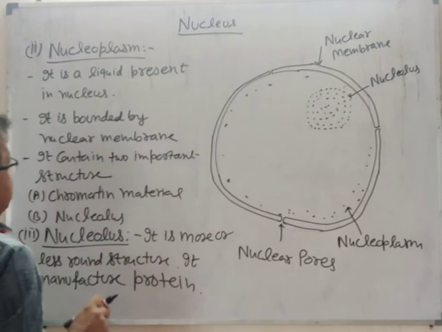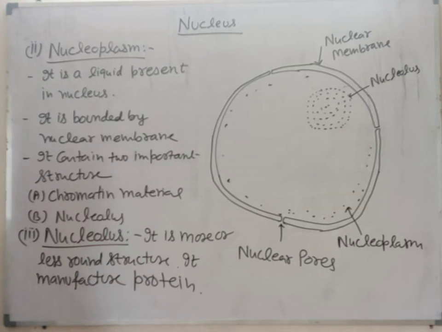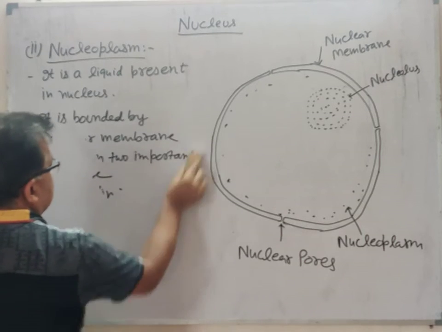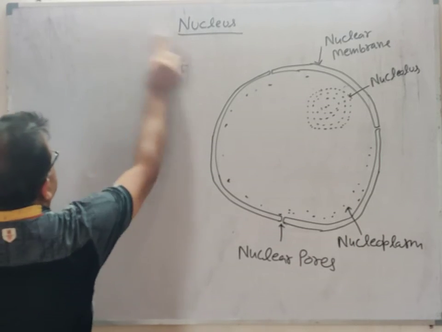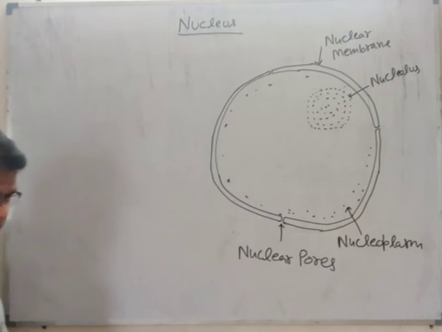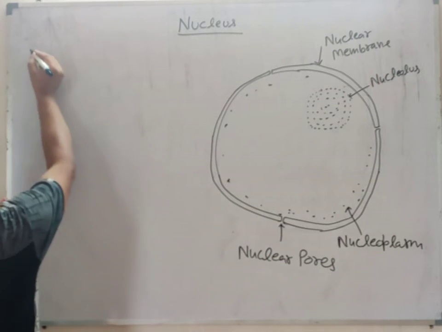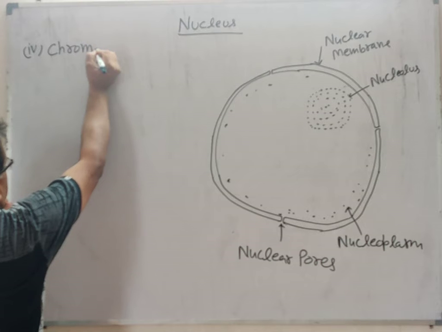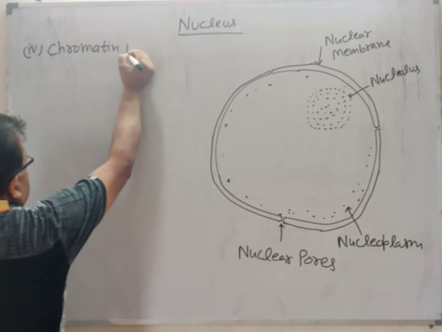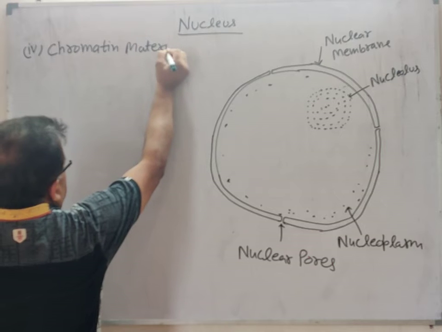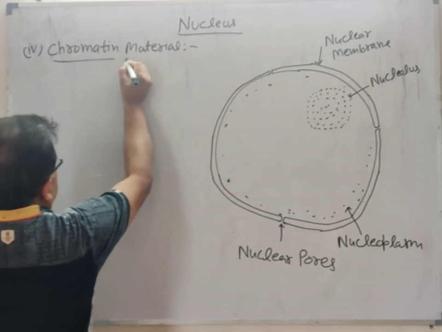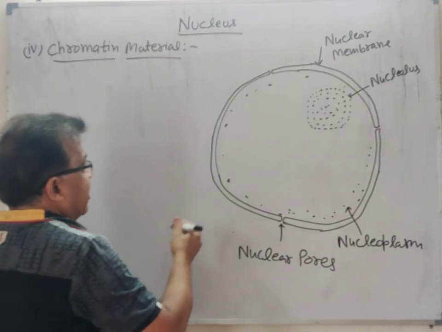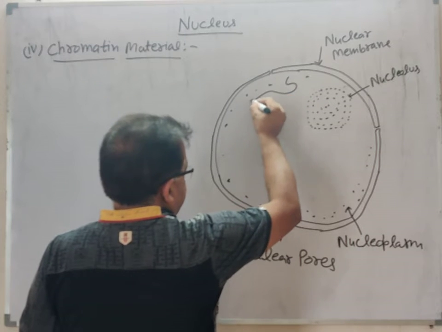Then there is chromatin material. Now we shall study chromatin material. Chromatin material is a thread-like structure which is present in tangled form. It can be in any form like this.